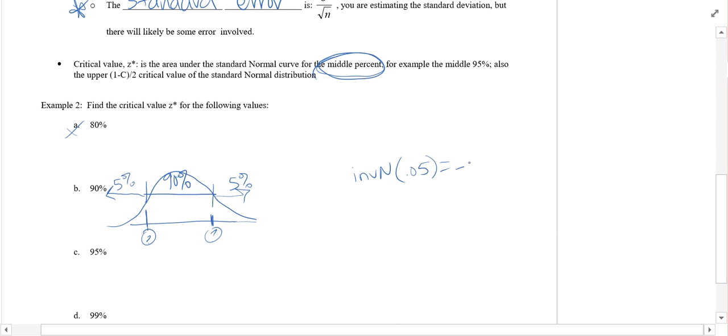You should get negative 1.645. And if you do the higher side, what's the percent all the way to the left of this value? It's the middle 90 plus that left 5%, so 0.95. Again, it's symmetric, so it should be positive 1.645. Z star is always positive, so Z star equals 1.645.